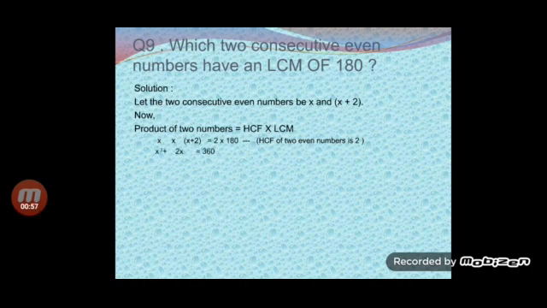So x square plus 2x, by opening the brackets, and here we get 360. Now x square plus 2x minus 360, we are bringing 360 on the left hand side, is equal to 0. So x square plus 20x minus 18x minus 360 is equal to 0. Here we are finding out the factors of 360 so that the sum or difference is 2.